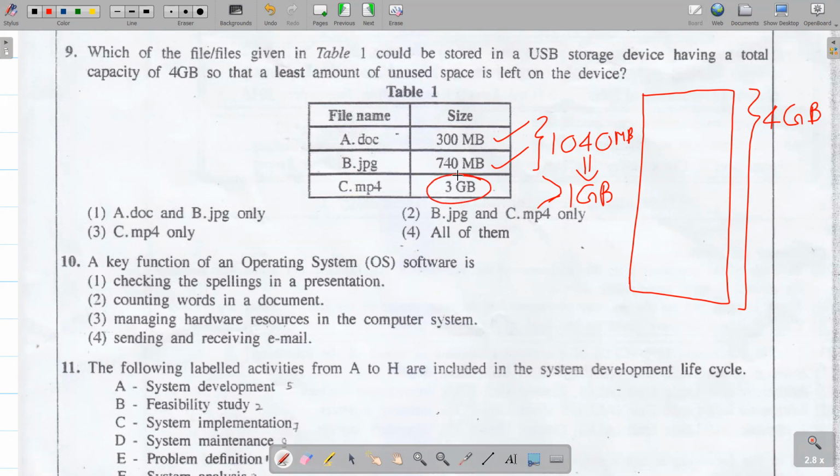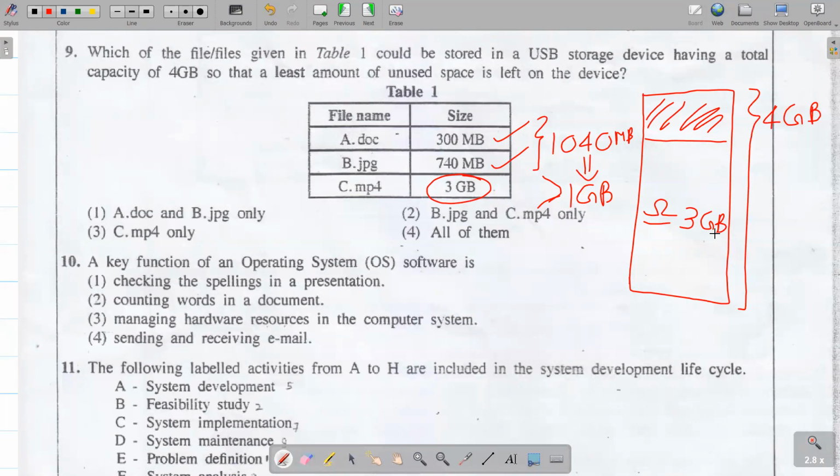So 3 GB cannot be transferred. So if the 1040 MB is filled with data, the unused space will be approximately equal to 3 GB. It's less than 3 GB, but it's almost 3 GB. So it's not the least space.